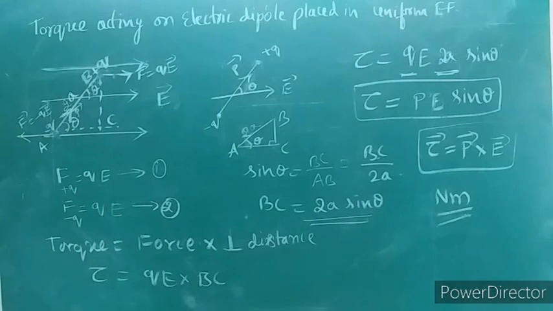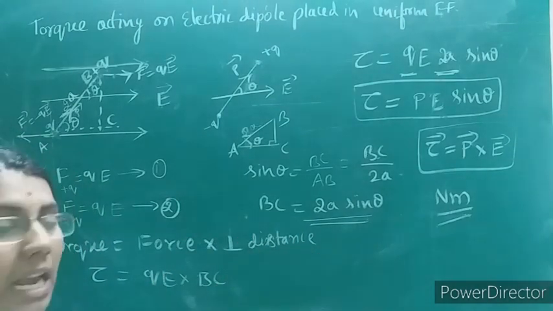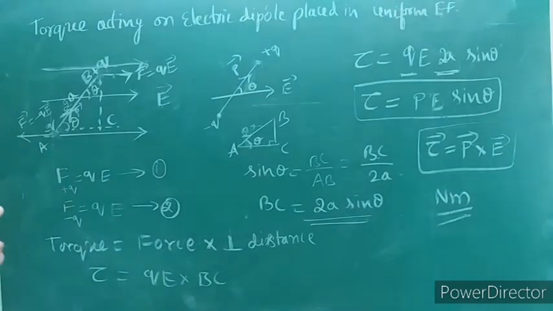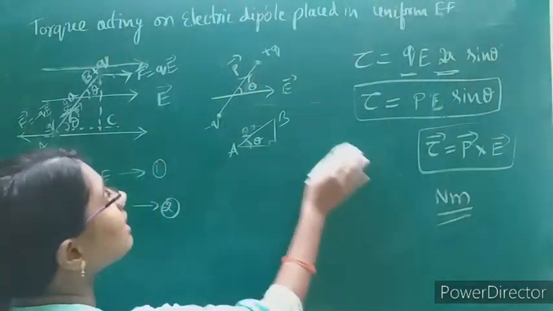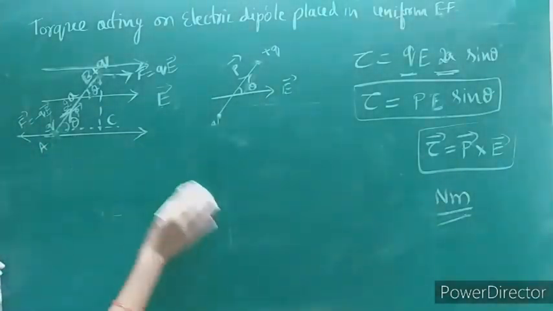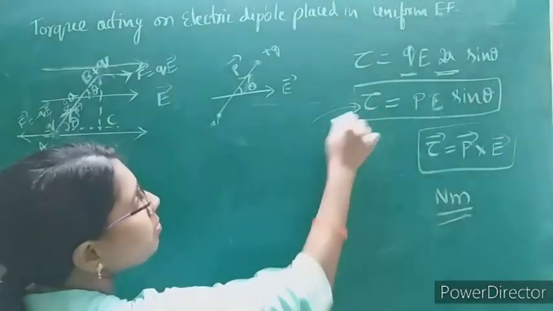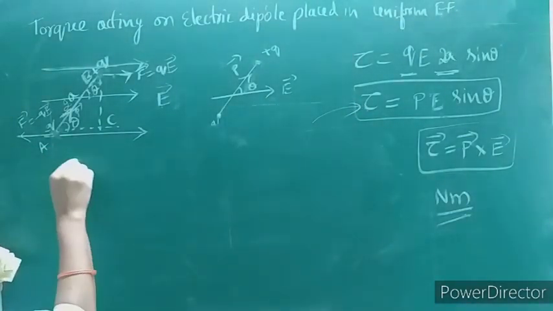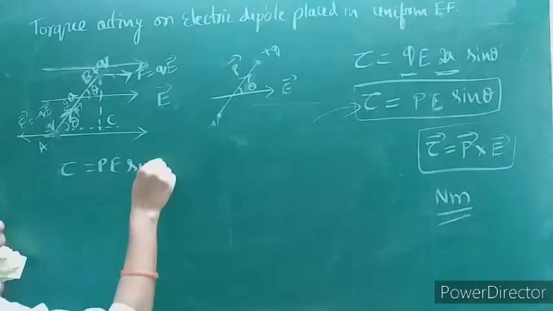Okay, so now when is the torque acting on a dipole maximum and minimum? Let us discuss that. Consider the expression for the magnitude of the torque, tau equal to PE sin theta, right?